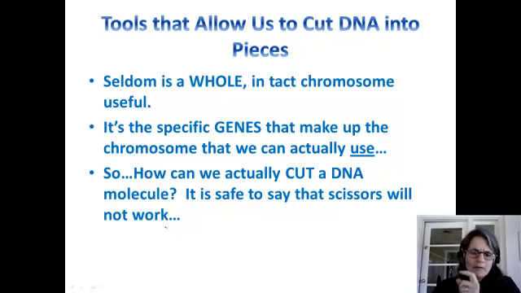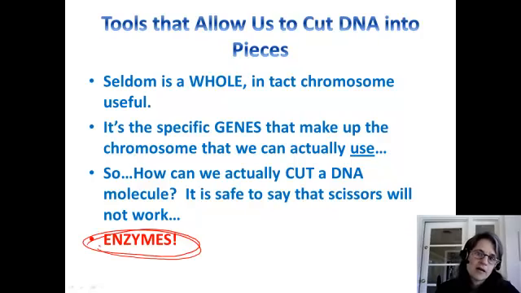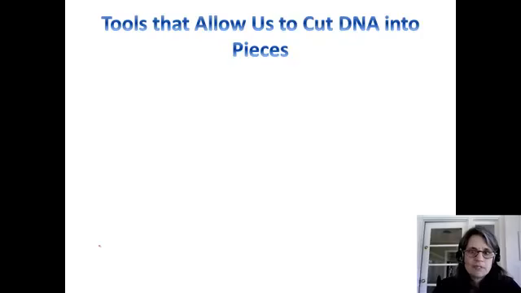So how can we actually cut a DNA molecule? We can figure scissors probably are not going to work for us in this case. Well, what will work for us are enzymes. There are enzymes naturally made by bacteria whose job it is to cut DNA into pieces.